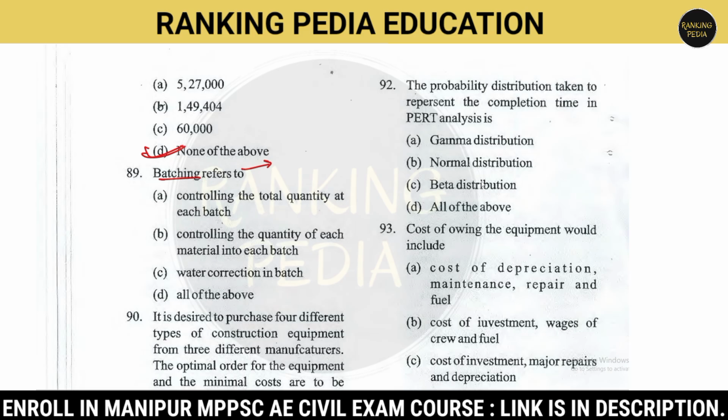Batching is a process of measuring out all necessary ingredients like cement, coarse aggregate, fine aggregate and water in order to make concrete, either by weight or by volume. So batching refers to controlling the quantity of each material in each batch. Option number B is correct.